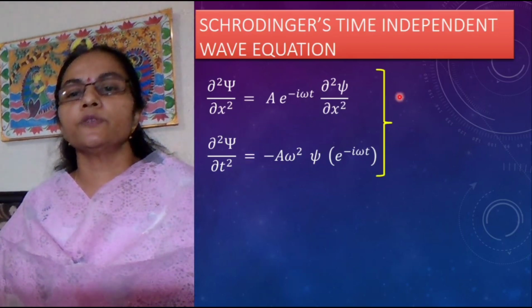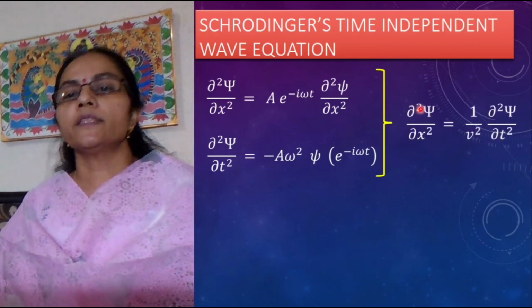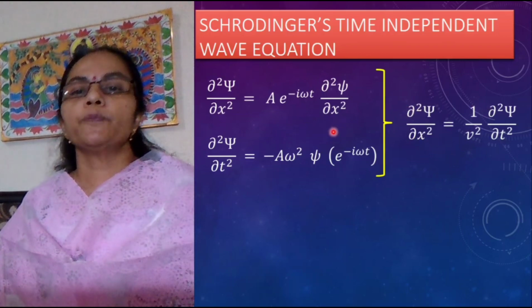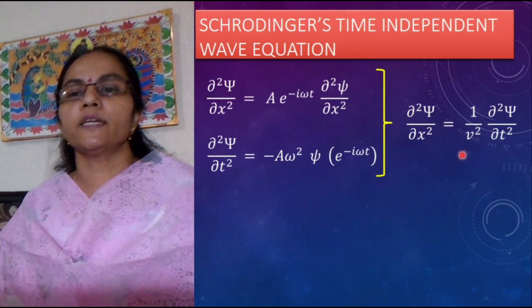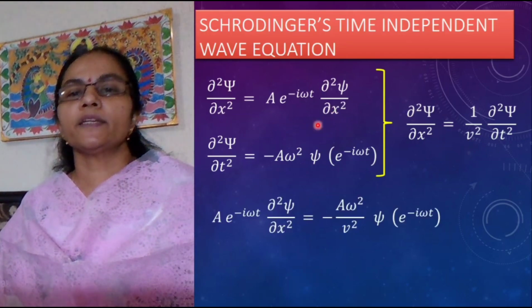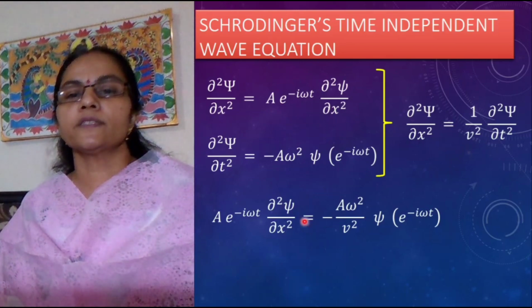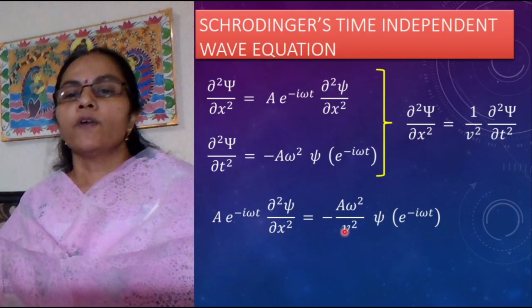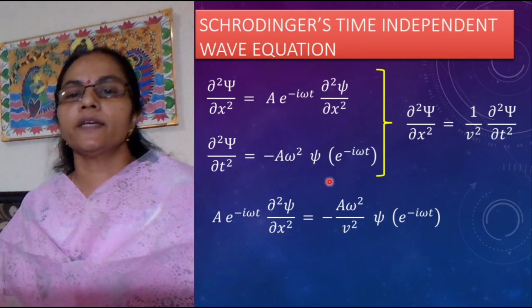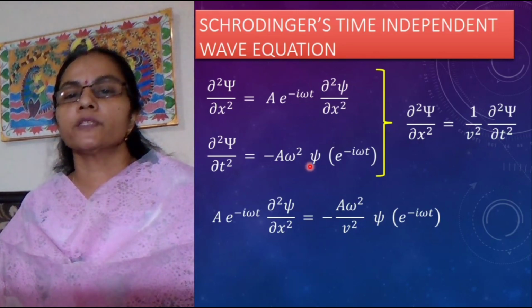Now we will substitute these two values in that equation. This is our general wave equation. We will put these values over here and see what is happening. Here del square psi by del x square, this value is given over here, and it equals 1 by v square, as was there earlier, times del square psi by del t square, which is minus a omega square psi e to the power minus i omega t.